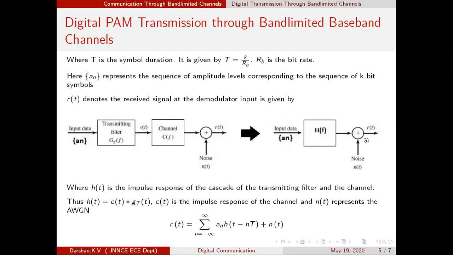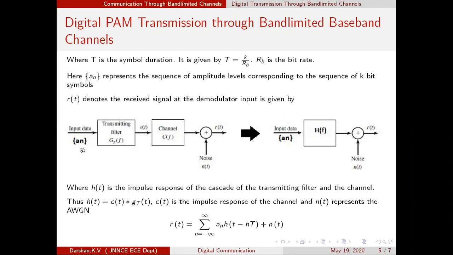So now what is r of t? r of t is equal to the summation of a_n into h of t minus nT, plus noise. This is how you analyze the received signal. I hope you have got the analysis.